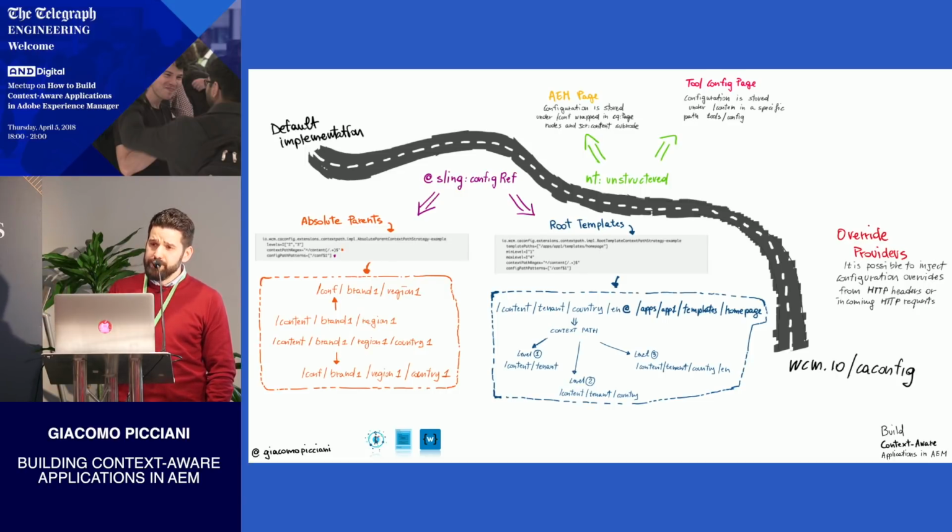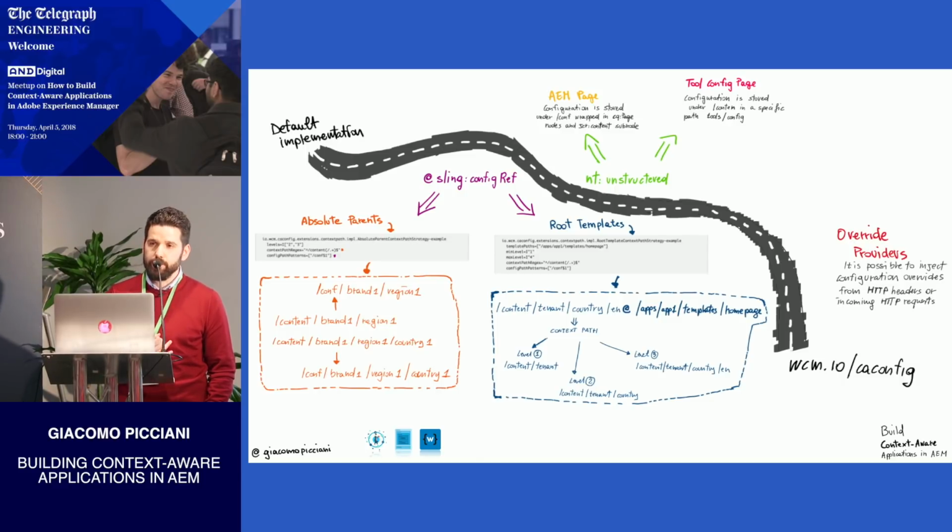Then persistent manager: you can save configuration in CQ pages, but also you can save the configuration not just in /conf, but also in /content. So you can have your configuration nearby, at the same level as your content. And also overrides. The default implementation already provides a way to override the configuration through system environment variables and also OSGi.